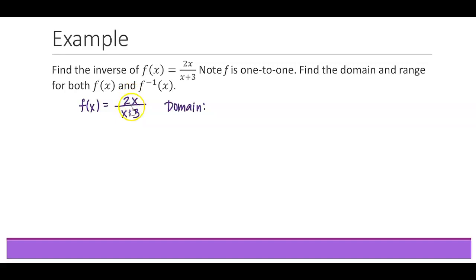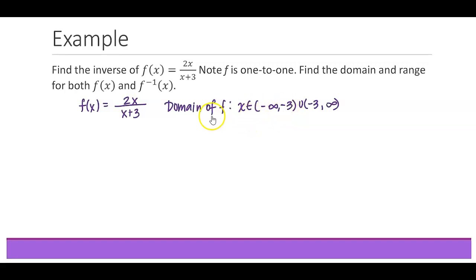So in this case, for this rational function, the only value that I cannot substitute in is going to be -3. So the domain of f is going to be all x values from -infinity to -3, and -3 to infinity, everything except for -3.